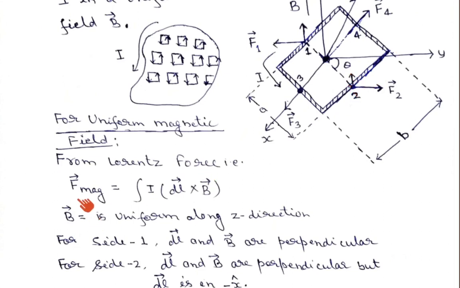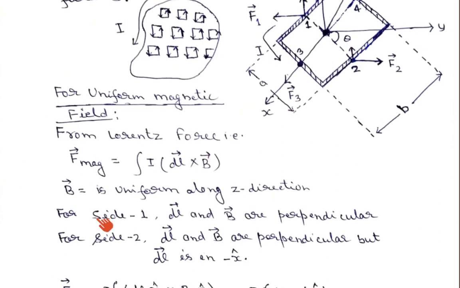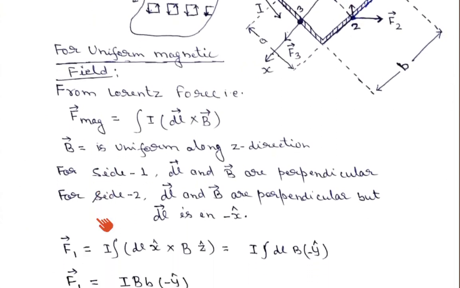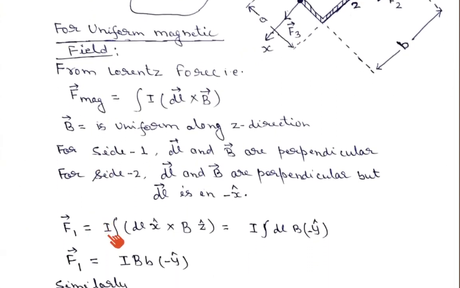That is why, if you calculate the force on side 1 and side 2, F1 for side 1 is I dl x unit vector cross product B z unit vector. Obviously x cross z gives the minus y unit vector. So F1 will be equal to I and B, the magnetic field, and the integral of dl, which gives the length of the side.